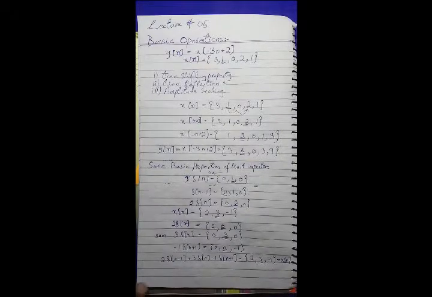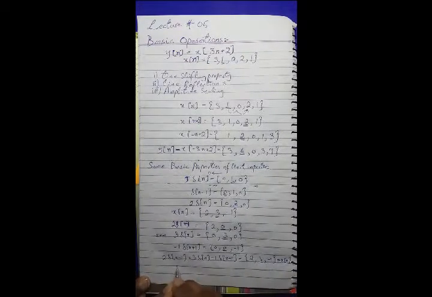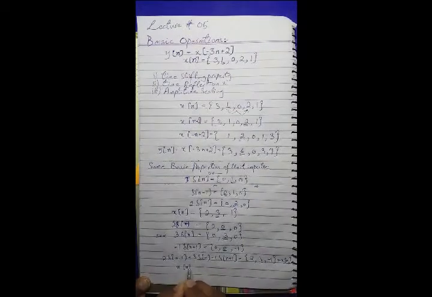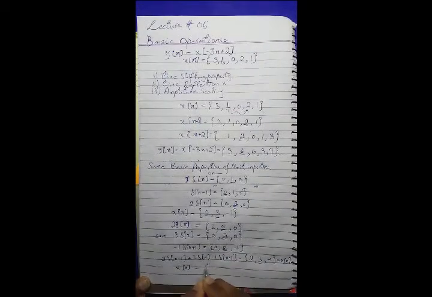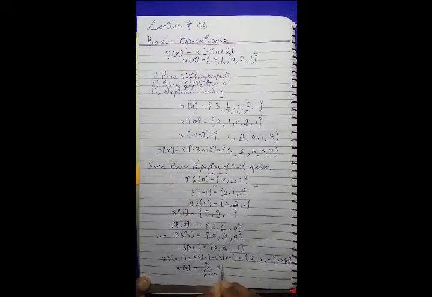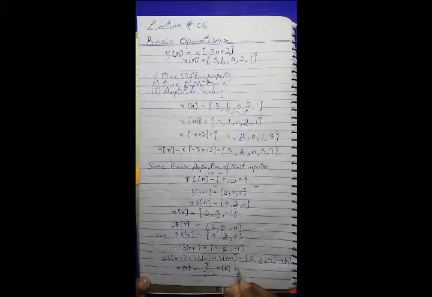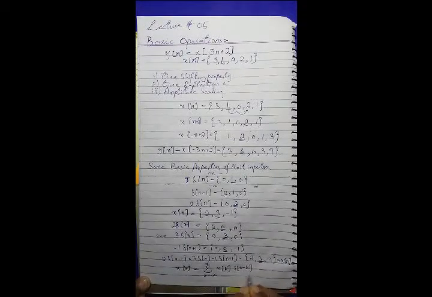So if we see its generalized form, it is x of n is equal to summation k equal to minus infinity to infinity x of k into delta of n minus k.